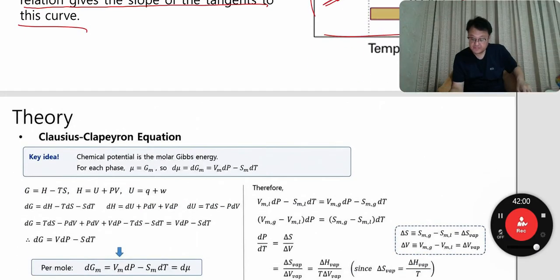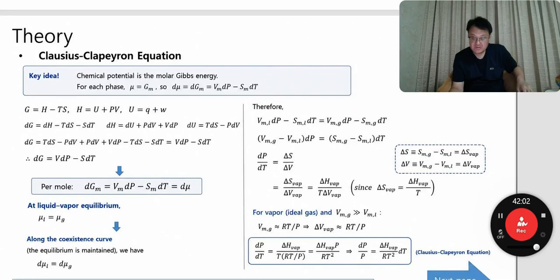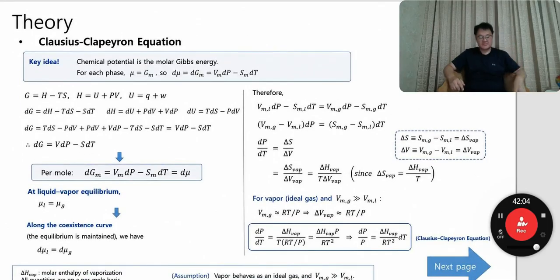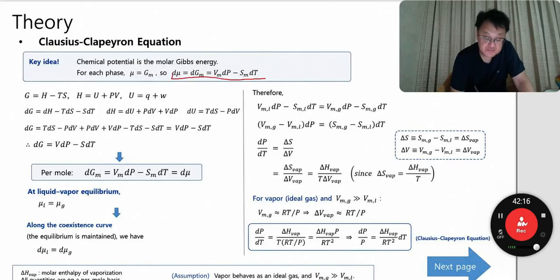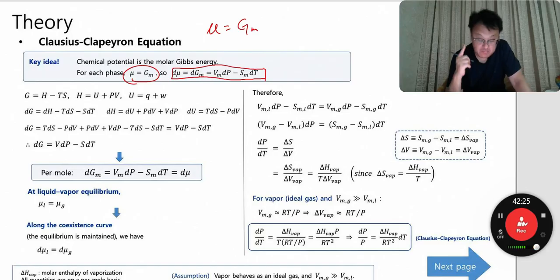So let's see the derivation process for the Clausius-Clapeyron equation in more detail. These are things I already explained: chemical potential is, for a one-component system, the molar Gibbs free energy, and dG equals VdP minus SdT.